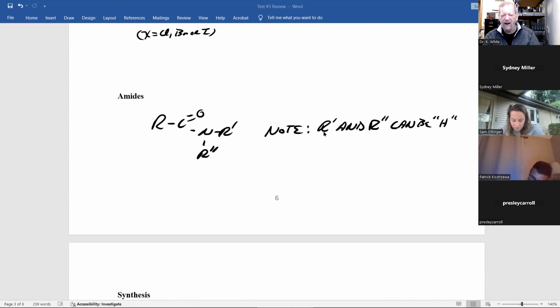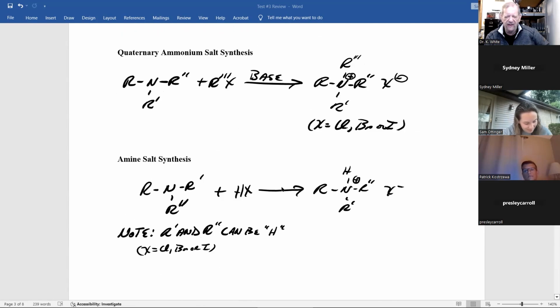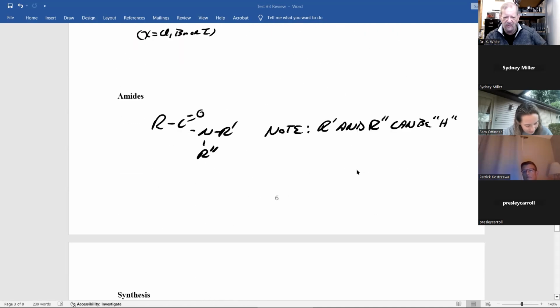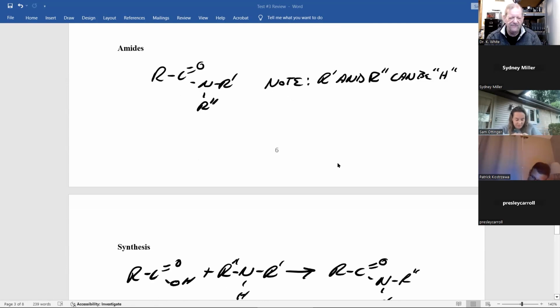Note, R prime and R double prime can be hydrogen, or they can be alkyl groups or any combination. I forgot to mention, in amine salts and quaternary ammonium salts, notice there's 4 covalent bonds to nitrogen, whereas in amines and amides, there's only 3. And that's something you'll have to remember.